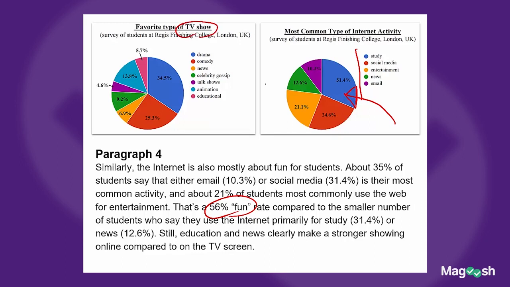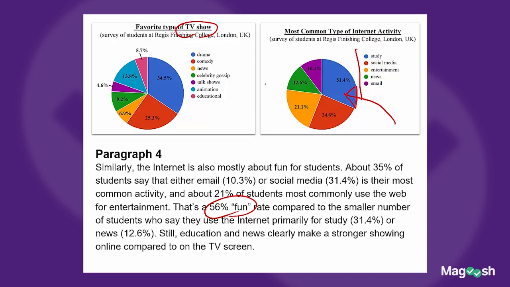That's the comparison we're trying to keep straight, is that at least on the TV side, students are saying these serious programs, news and educational programs, are not their favorites. So using that categorization in order to present data in a very coherent way.